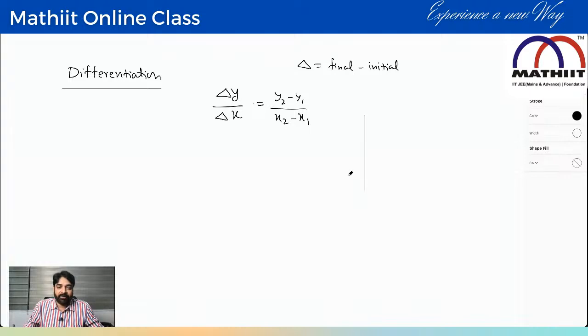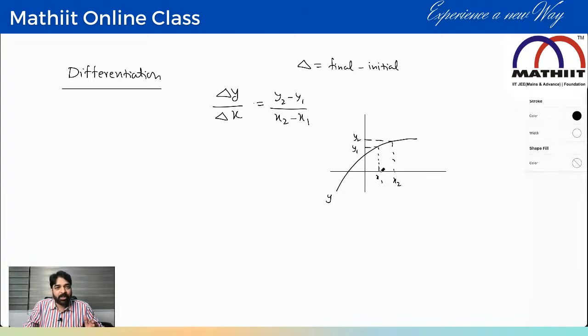If you take any particular graph like this, carefully listen everybody. A little bit, 5-10 minutes, I will talk as introduction. After that only we'll start differentiation. This is x1, this is x2, and let's say this is the y value. At x1, suppose the value is y1, and at x2, suppose the value is y2.